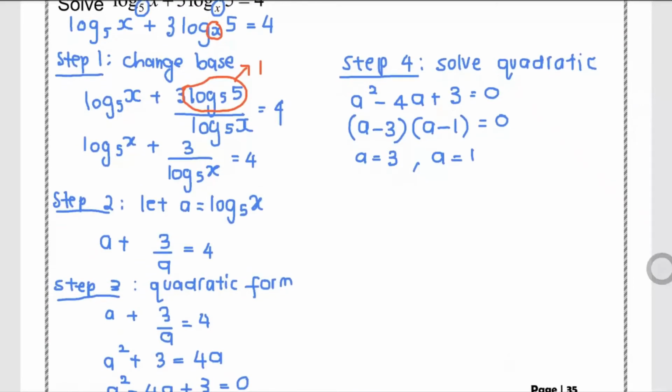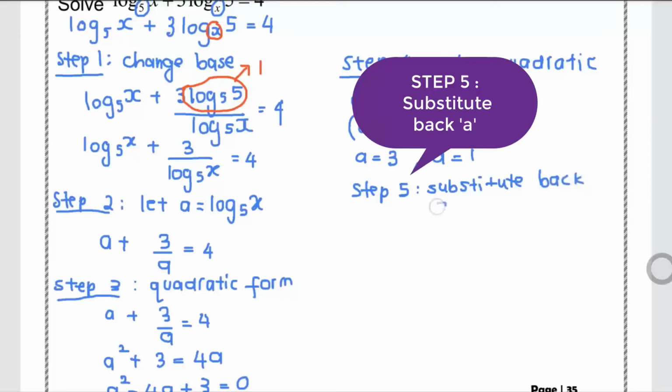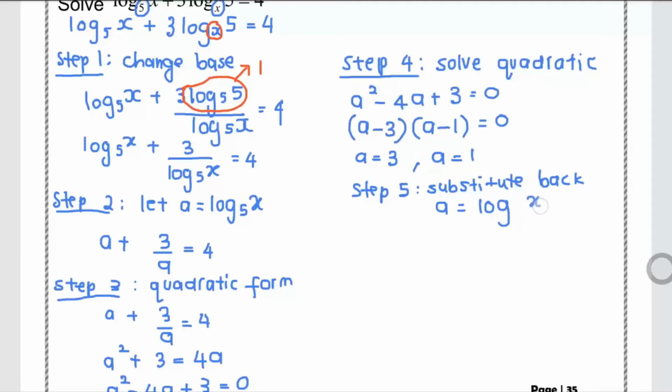So now for step 5, we will substitute back a equals log x base 5, because in our question we have x, not a.